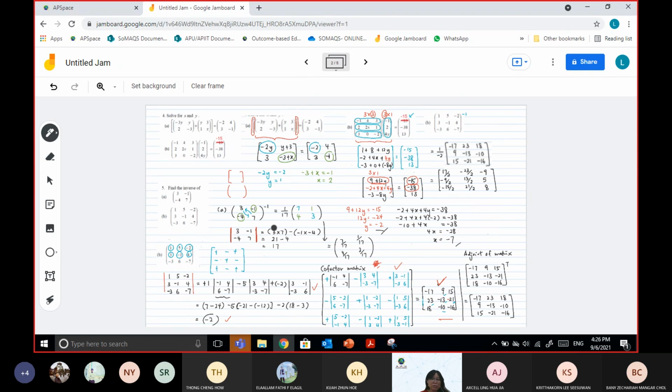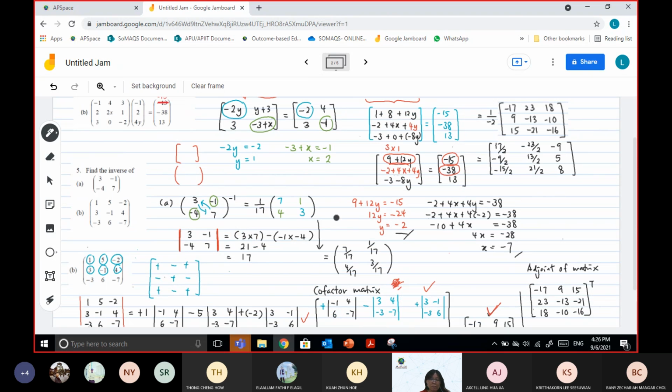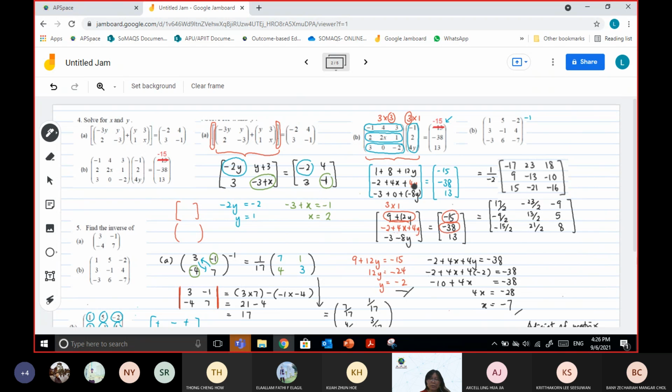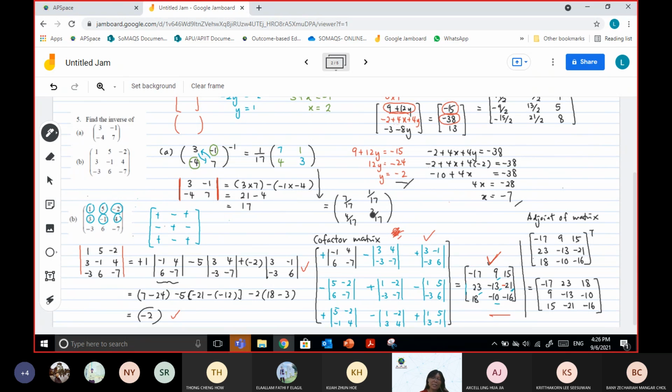Earlier we went through how to solve the unknowns. Then the basic operations, addition and subtraction, and scalar multiplication as well. This is how we find the inverse of the matrix.